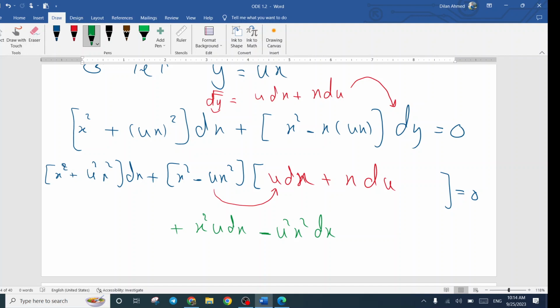Please, maybe I will make a mistake, be with me. So x squared u dx, minus u squared x squared dx, plus what? x cubed du. Do you agree with me? Minus u x cubed du. Is that clear?